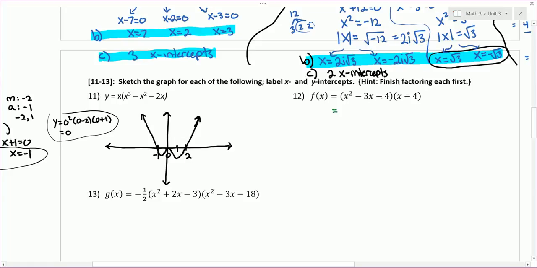So we're looking for two numbers that multiply to negative 4 and add to negative 3. Negative 4 and 1, so x minus 4 times x plus 1, and we already had another x minus 4. So we got 3 factors. The x minus 4 gives us a 0 at x equals 4. The x plus 1 gives us a 0 at x equals negative 1.